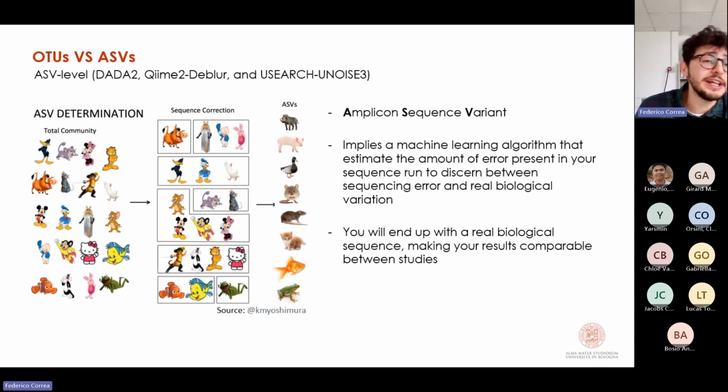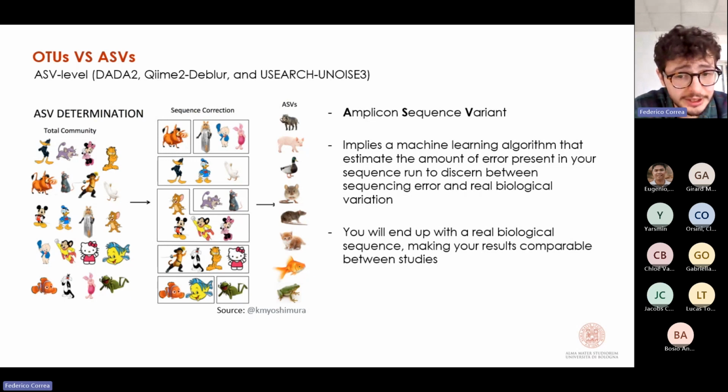Okay. On the other hand, new evidence came out, and we moved, or we should move, to amplicon sequence variant. This approach is completely different from the OTUs. So you have your community.